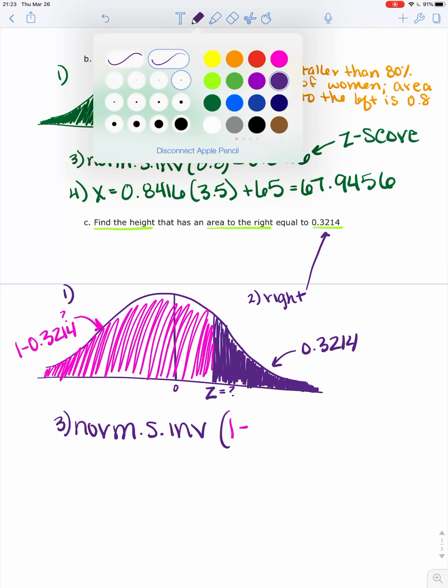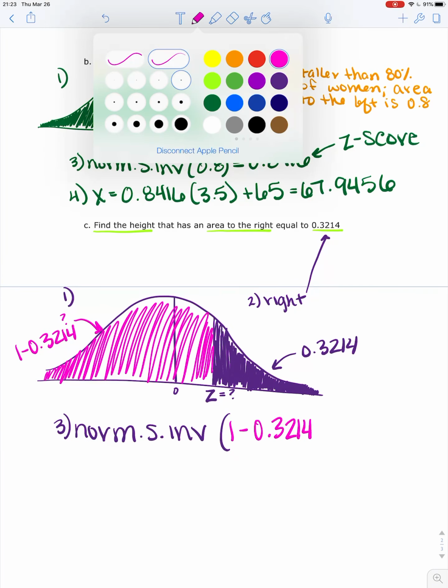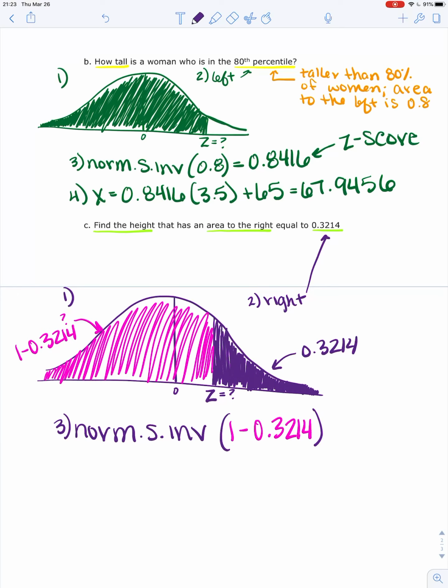We know the area to the right. So we are going to take 1 minus the area to the right to find the area to the left. And we can plug that directly into Excel. Or you could find it separately and you would get 0.4796. No, 0.6796, I believe. I'm doing it in my head, so you guys know I'm not good at subtraction.